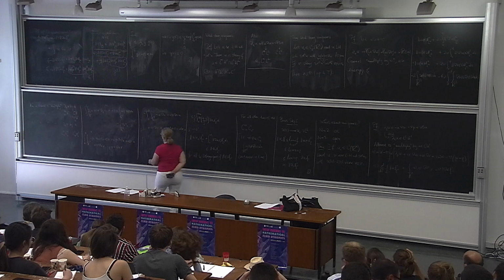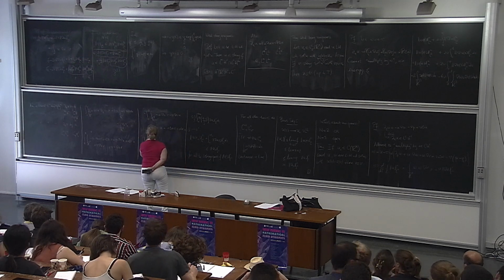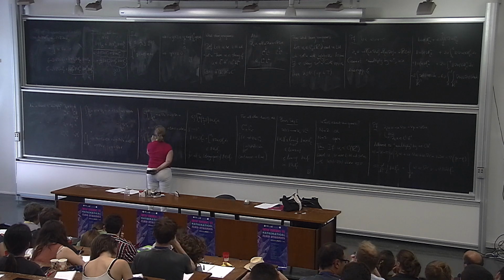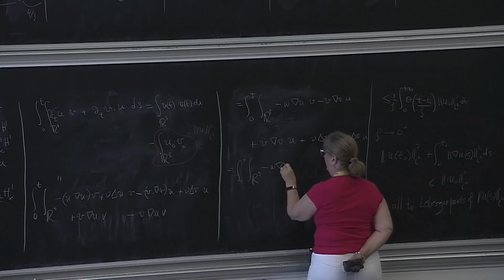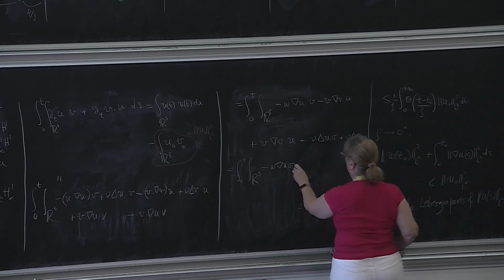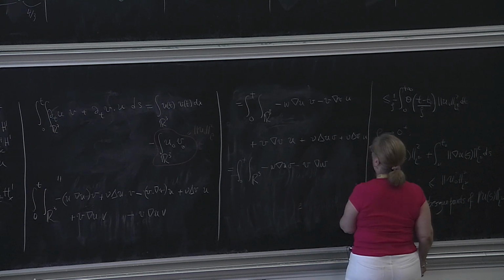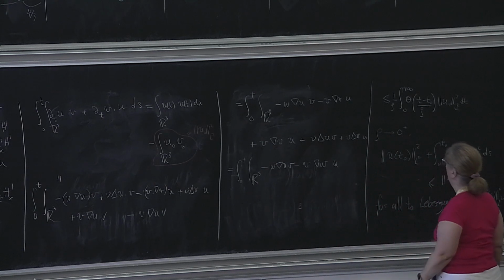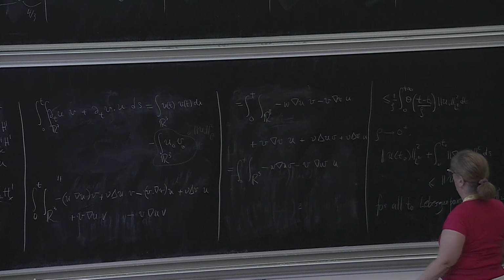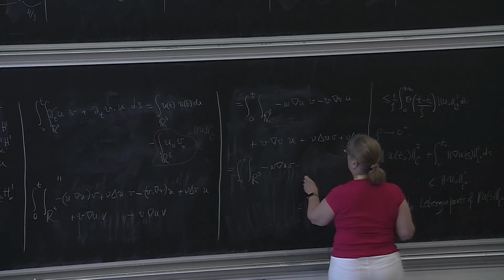So this is equal to minus w grad u times v minus v grad w, unless I'm doing something wrong. Yeah, I am doing something wrong. Just a sec. Minus v.